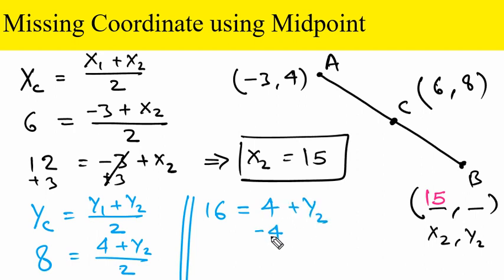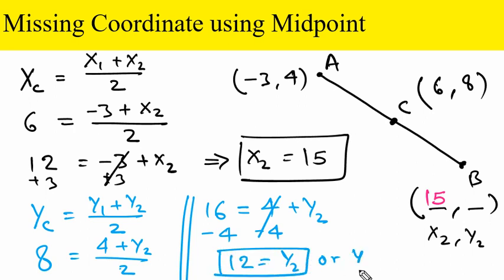Now you know this, minus 4 on both sides, and that will be how much? y2 is equal to 12. So 15 comma 12. These are the coordinates for point B, the missing point.